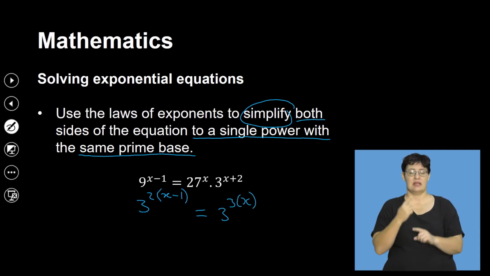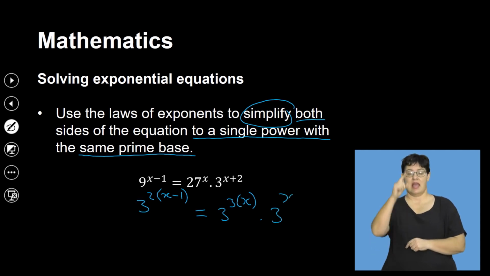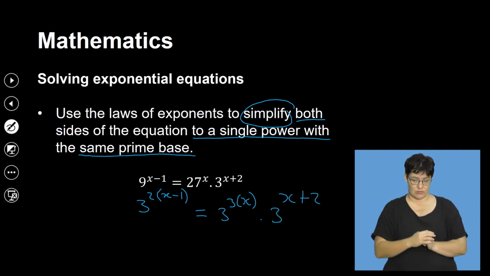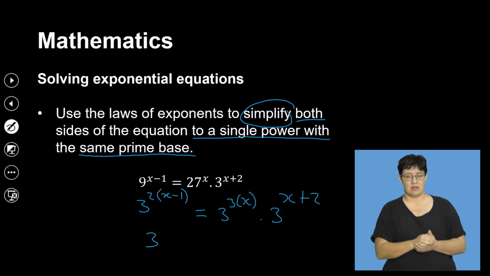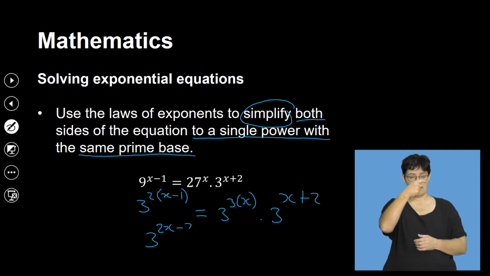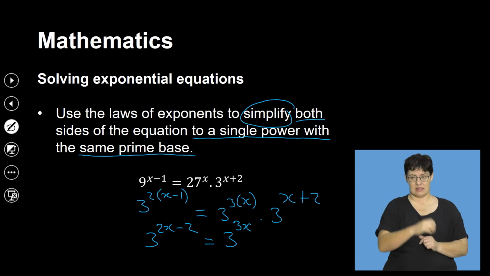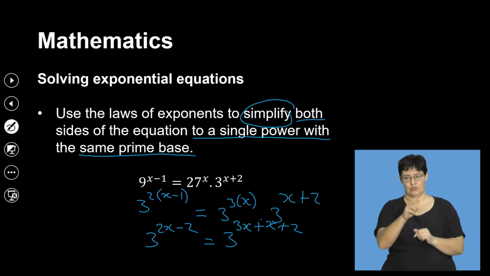Then multiplied by 3 to the exponent of x plus 2. And then what do I do? This will then give me 3 to the exponent of 2x minus 2 equals 3 to the exponent of 3x, because the bases are the same, I will just add the exponents, plus x plus 2, right?